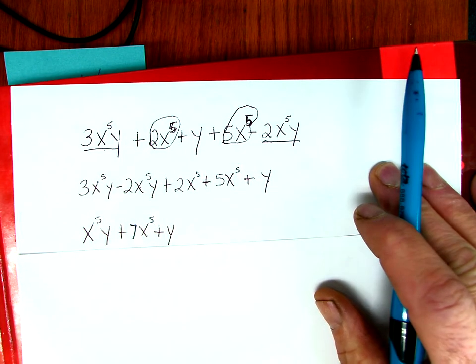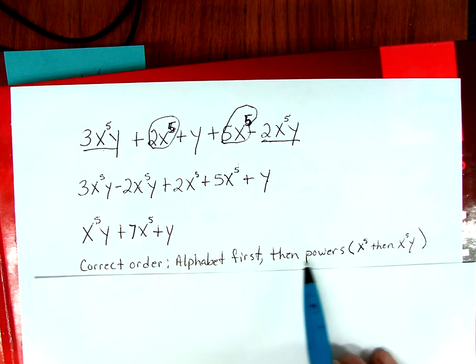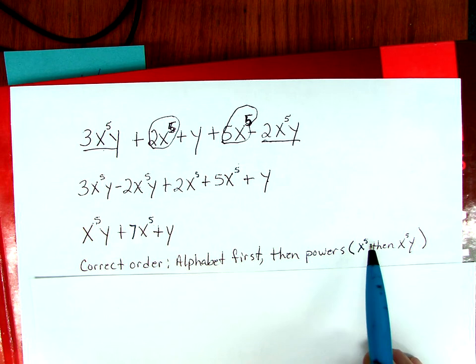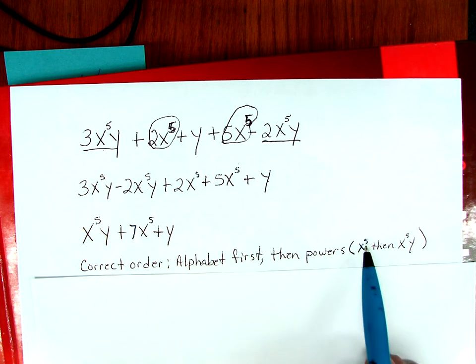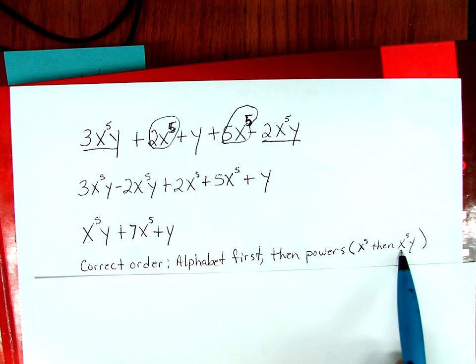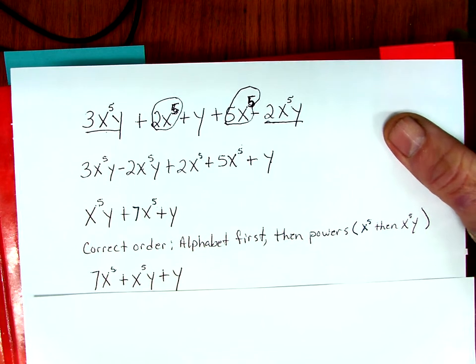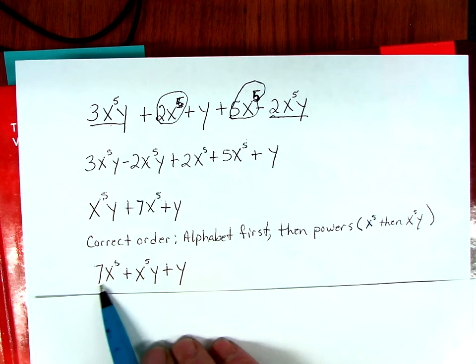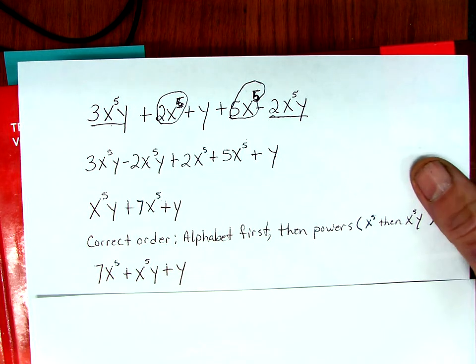What should come first? Alphabet first, then powers. X to the 5th, then x to the 5th y. X would come before xy in any alphabetical list. So the final answer is 7x to the 5th plus x to the 5th y plus y.